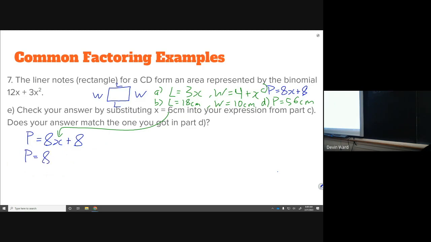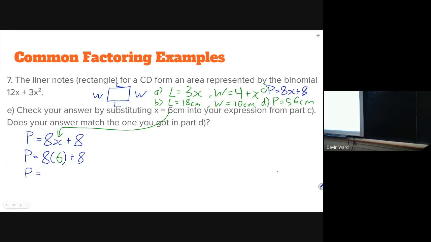So P equals 8 times 6 plus 8. Now remember, we want to do BEDMAS, right?